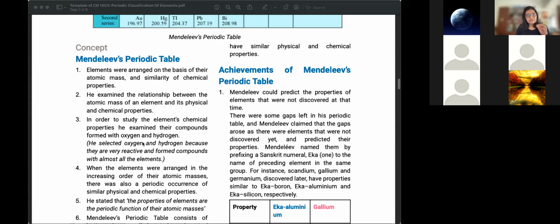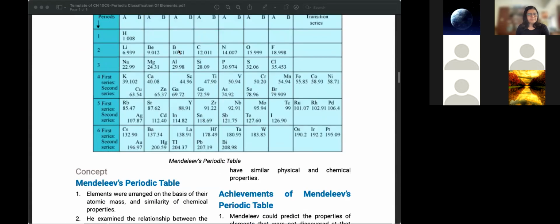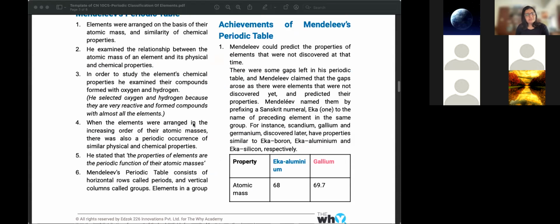Metal or non-metal, you always find its oxide, you always find its hydroxide, you always find its hydride. So that is what he checked: type of oxide, type of hydride. When elements were arranged in the increasing order of their atomic masses, there was a periodic occurrence of similar physical and chemical properties. So from point 4, point 5 is the important bit. The properties are a periodic function of their atomic masses. This statement is important. This is called Mendeleev's periodic law. Okay.